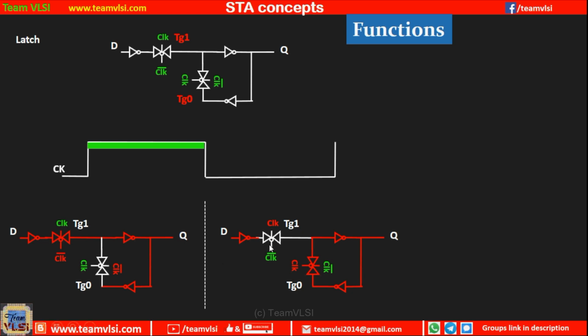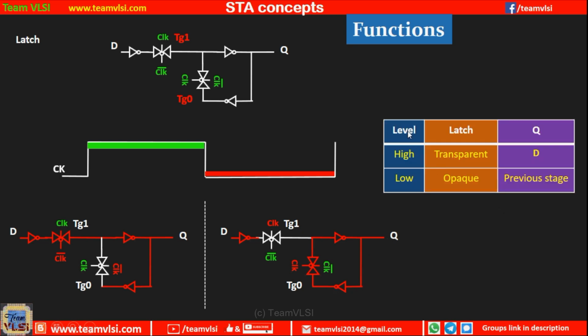So we can say that when the clock is low, this latch is opaque, meaning it will not transfer the input to the output. It will retain the value previously present at the output.